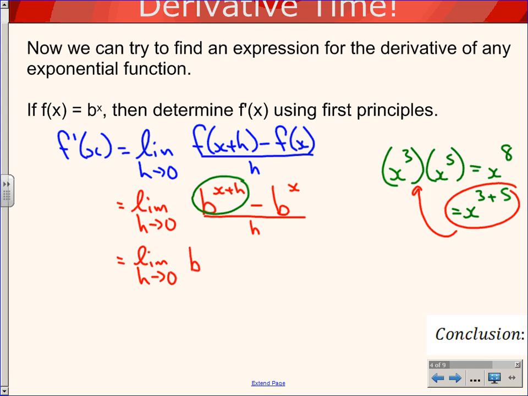But I can write this as b to the x times b to the h, minus b to the x, which is still kicking around at the end, all over h. That's just exponent rules that I'm allowed to use. And the reason that turns out to be a good idea is there's a b to the x here, and I have a b to the x at the end.